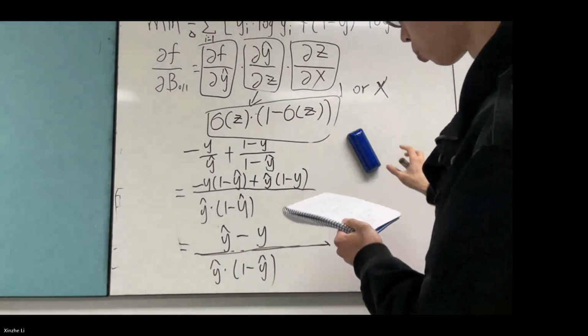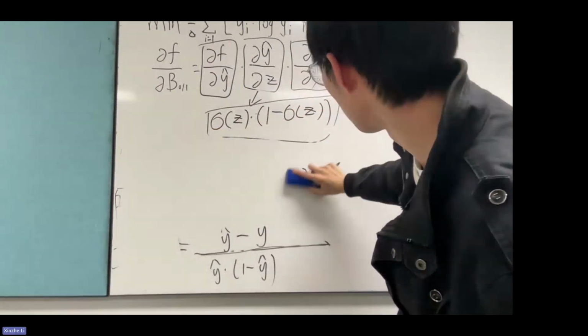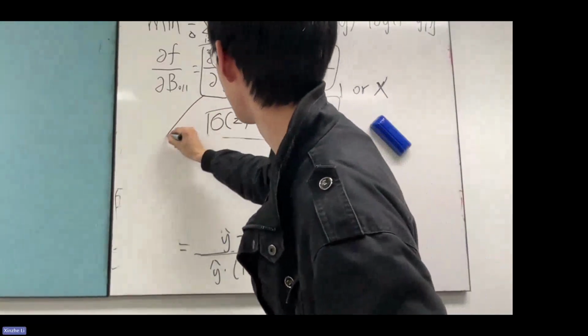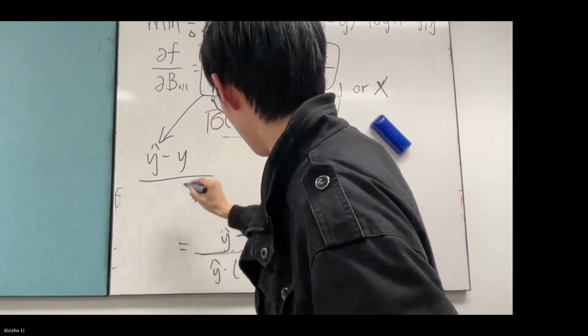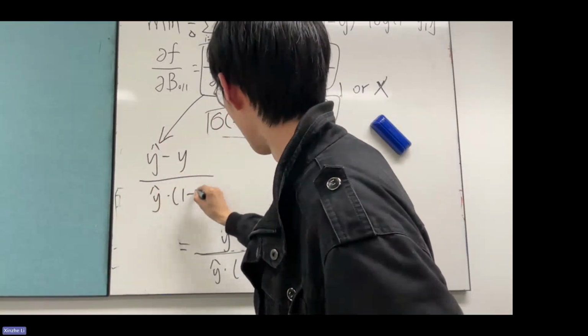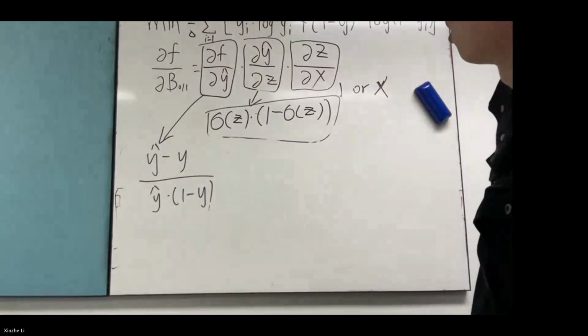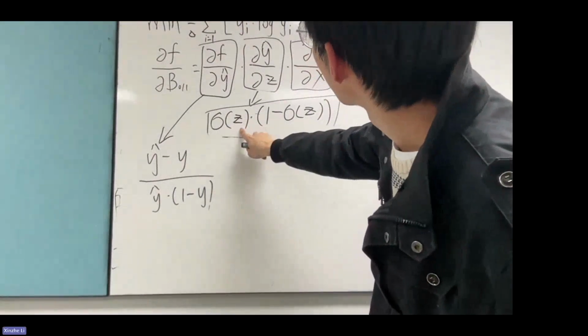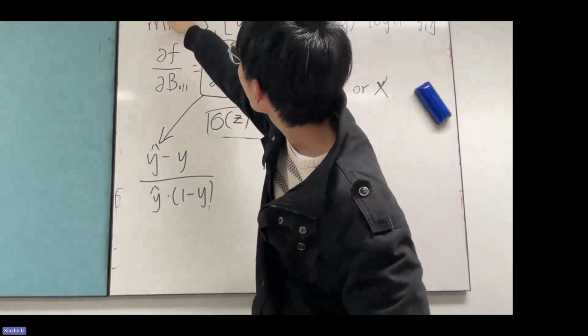Now let's substitute this final result into these derivatives and see what we get. We have these three terms. What's sigma z? If you look at the definition of logistic regression, y hat equals sigma z.